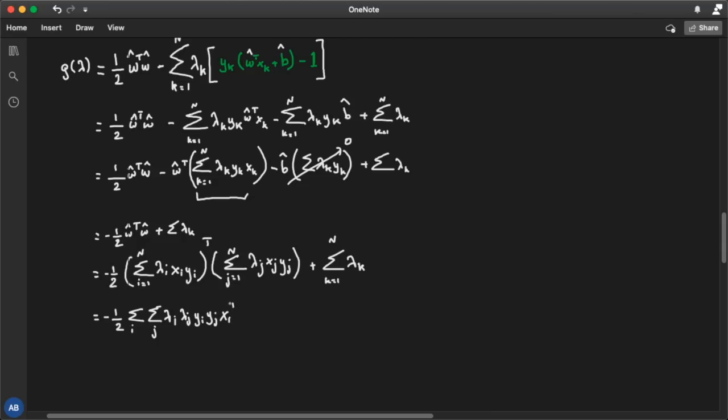So xi transpose xj, plus this sum over here on lambda k. This is my g of lambda expressed in summation form, subject to lambda positive, entrywise.